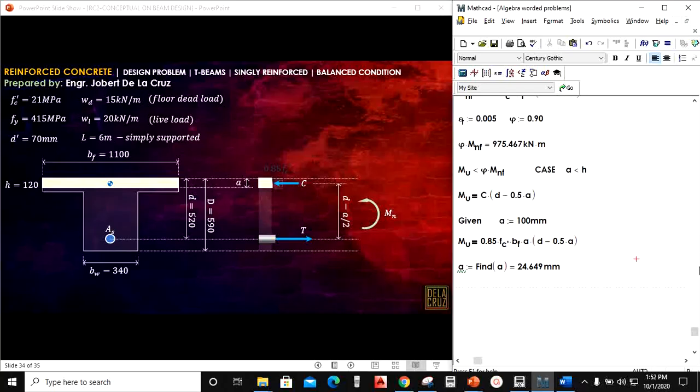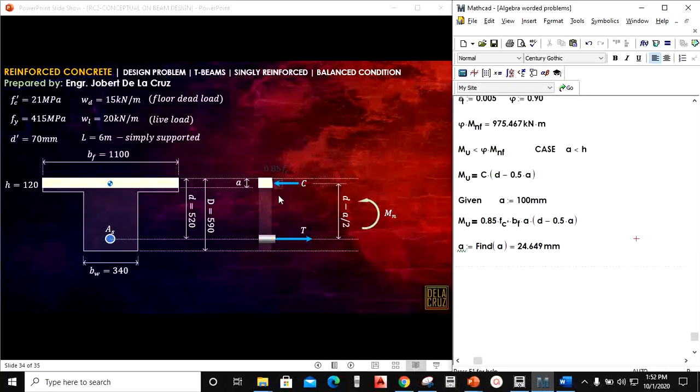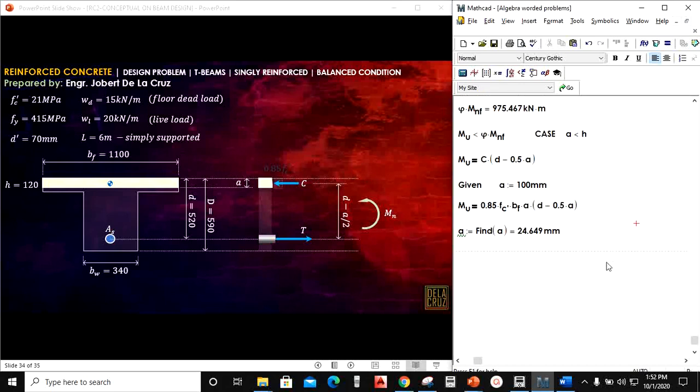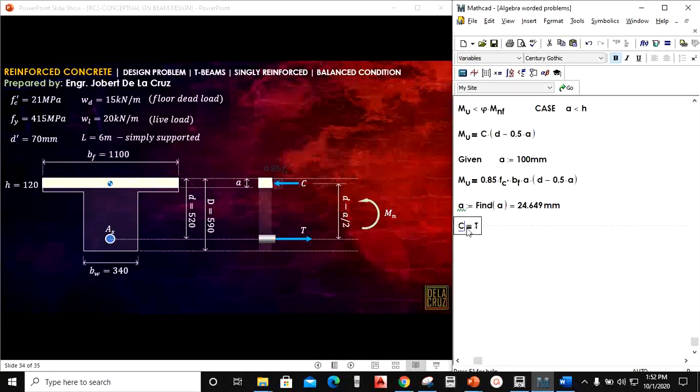Ito yung A natin. So, after I got the value of A, I can equate the compression and tension. That is for me to calculate the As. C is equal to T. By that equating, take note that C is equal to 0.85 fc prime times the area of the beam flange times A, is equal to As fy. So our As is equal to 0.85 fc prime times the beam flange times the A natin.